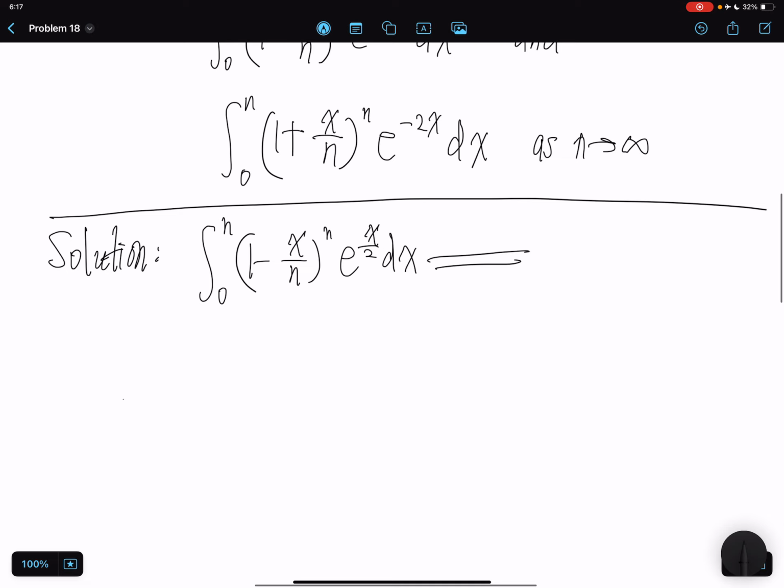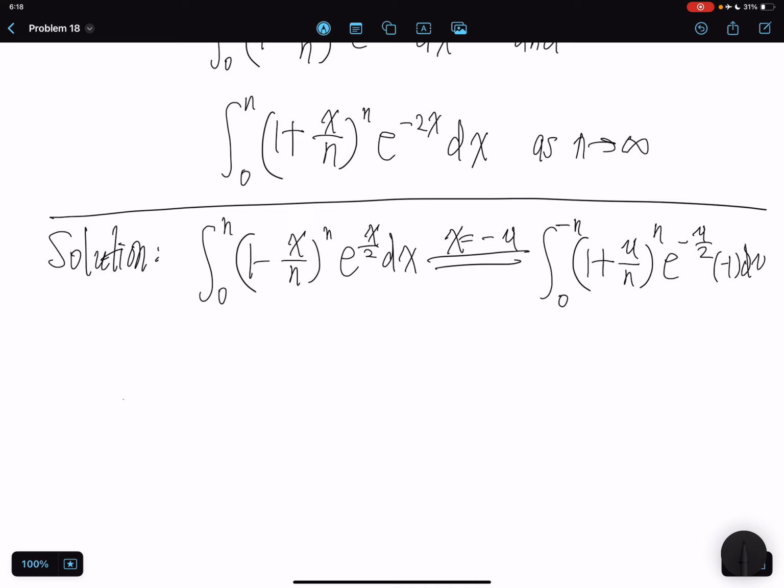Now we do the change of variable. Let x equal to minus u. This becomes the integral from 0 to minus n of (1 + u/n)^n e^(-u/2) times minus 1 du, right?